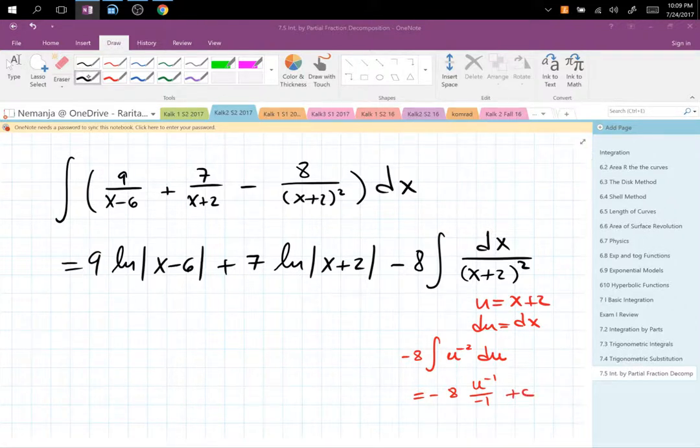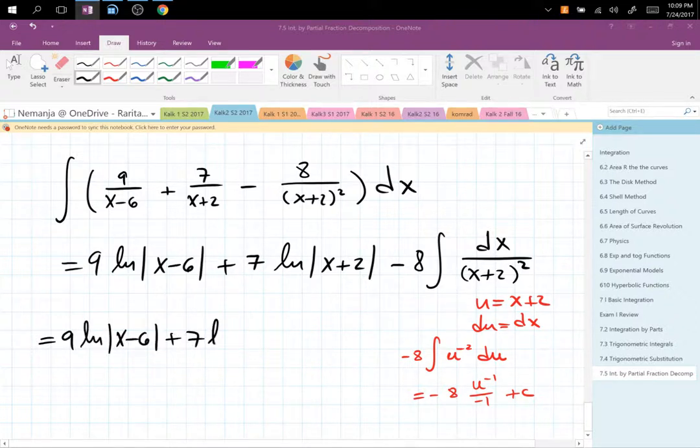All right, so the entire problem looks like 9 ln of x minus 6 plus 7 ln of x plus 2 plus 8 over x plus 2 plus C. There we go.